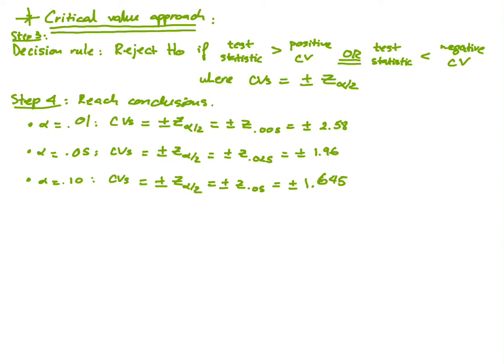Now recall that all these values have been given to you in one of the previous videos, right? And I am able to use these values because sigma x is known, which allows us to use the z table.